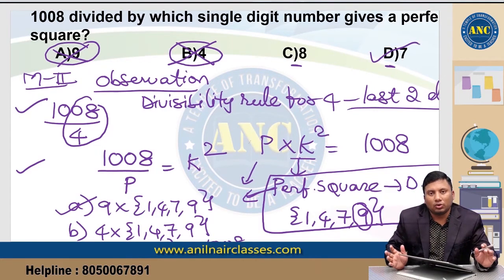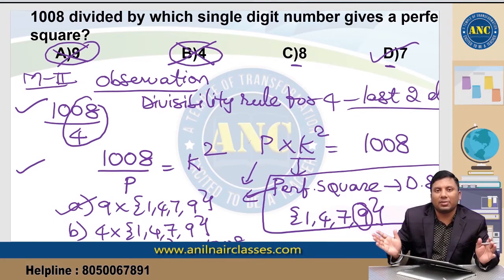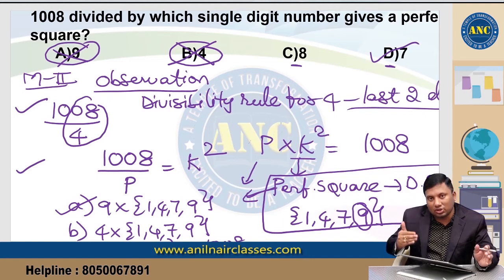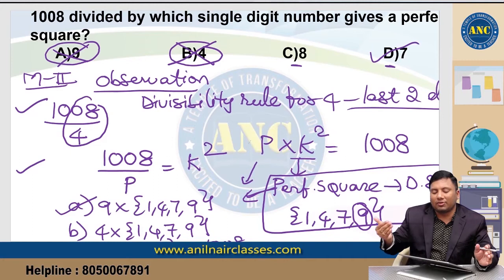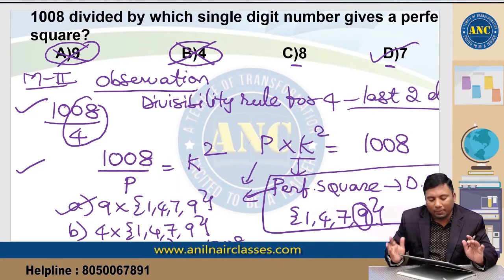So method 2, try not to use this method unless the numbers are big and you are able to eliminate options because of the perfect square logics. A perfect square never ends with 2, 3, 7 or 8. Every perfect square has a digital sum of 1, 4, 7 or 9. By using these two, if you can eliminate a few answer options, go to method 2, otherwise go by method 1. I hope it is clear.